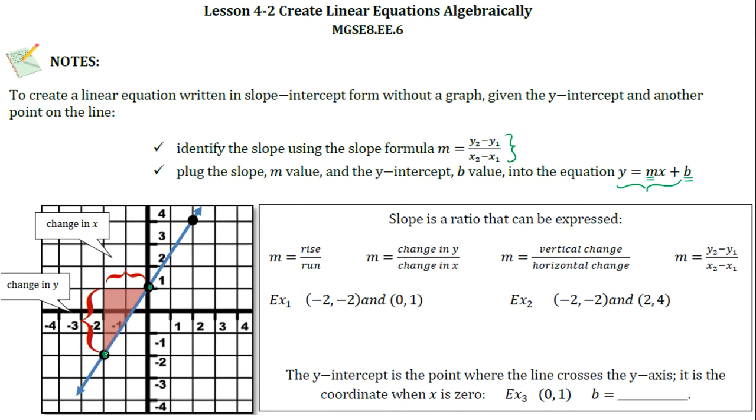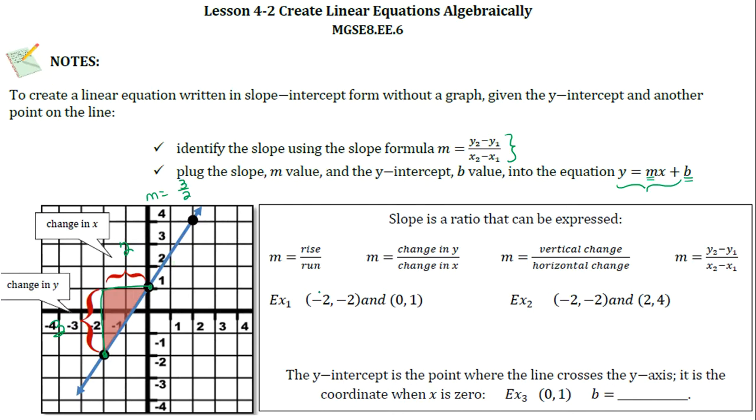Remember, slope is the change of the y's or the rise compared to the change of the x's, the run. So we're going to start with a point and move our way from left to right. So 1, 2, 3. So it's a 3-unit rise compared to a 2-unit run. So our slope for this line is 3 over 2.